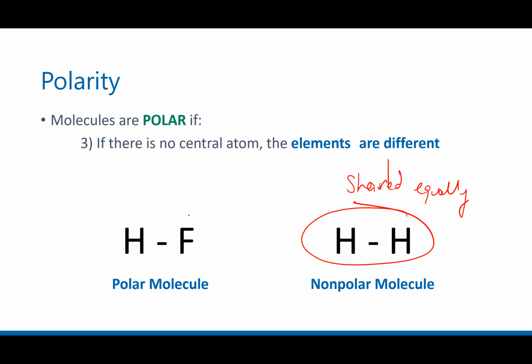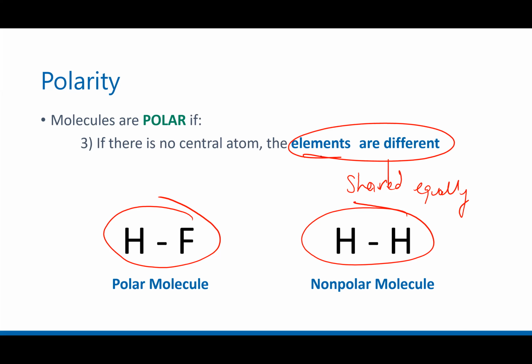But if you have a tug of war and you have different elements, like fluorine and hydrogen, fluorine is much stronger than hydrogen. It has a much higher electronegativity. So this would be polar because the fluorine with an electronegativity of 4 would beat hydrogen with an electronegativity of 2.1. And guys, these numbers, I don't have memorized. You do not need to memorize them. They are on your periodic table.